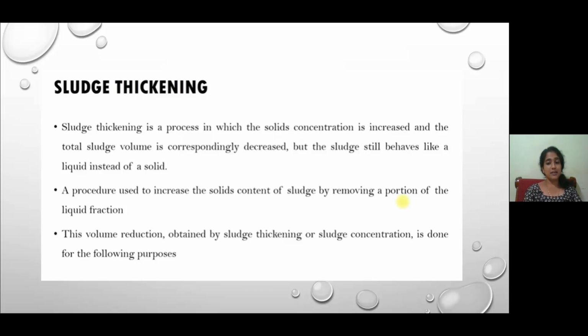There are several methods adopted for sludge thickening, and these will enhance volume reduction, increase the sludge concentration, and accelerate the process of thickening, that is the densification of the solids in the collected sludge.